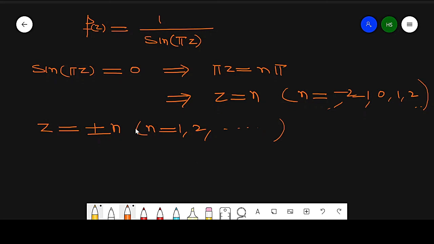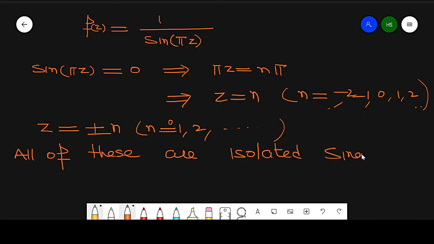So all of these are isolated singular points. Check that.